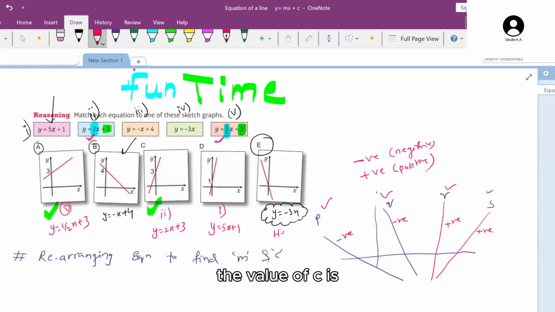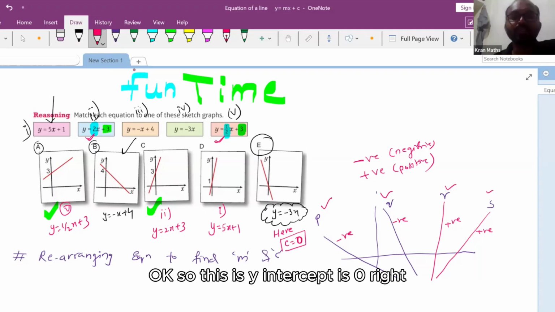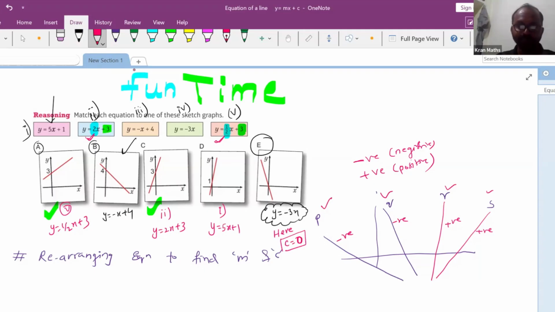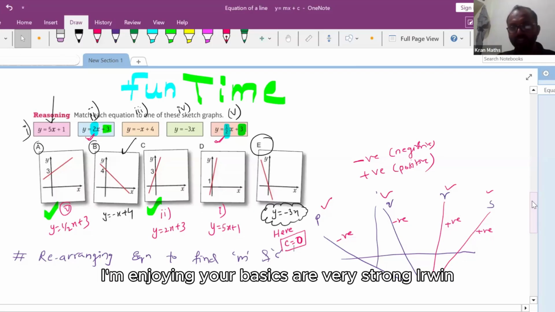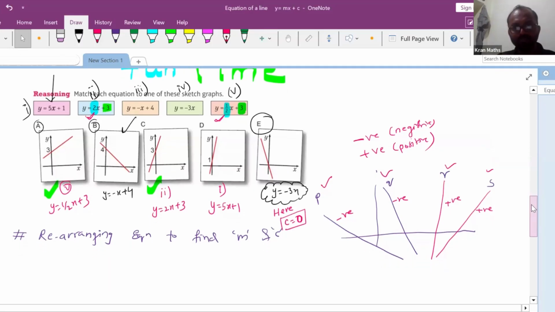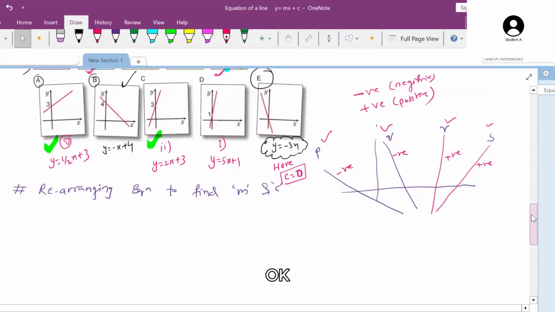The value of C is 0. So the y-intercept is 0, right? Superb, superb, Arvind. I am enjoying your basics are very strong, Arvind. Keep it up.